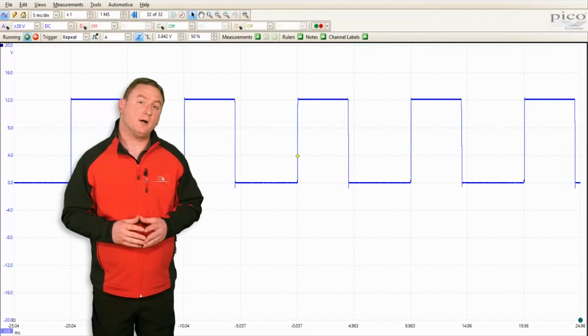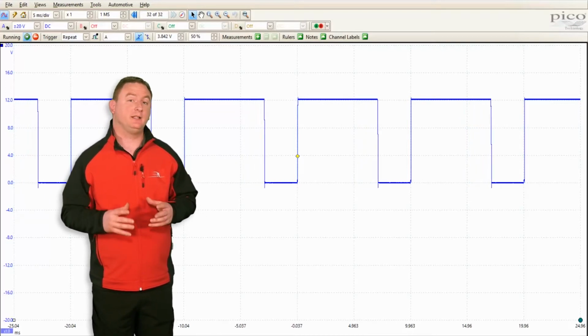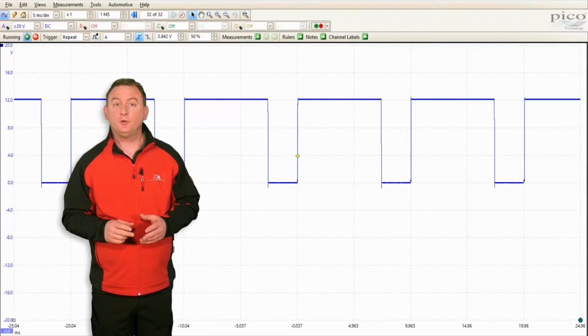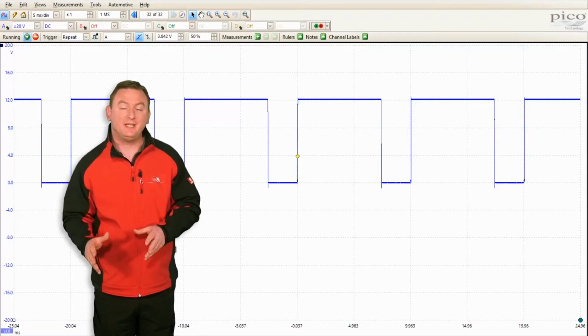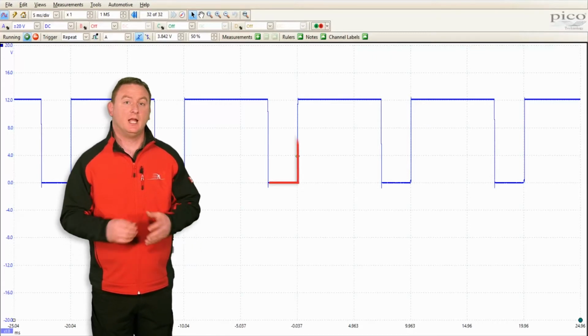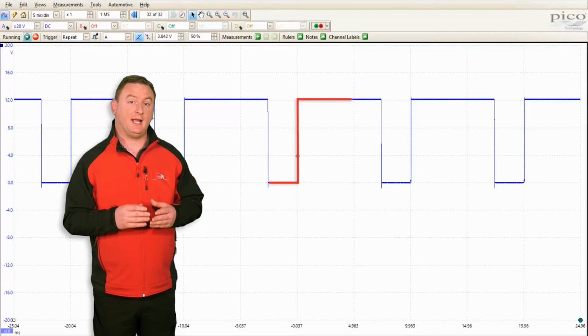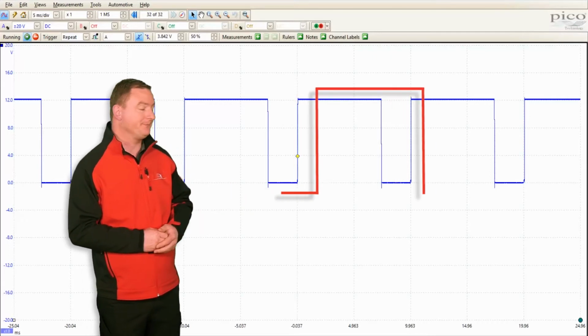So to work out the PWM duty factor, we need to look at one complete cycle. And this would be a point anywhere on the pattern where the pattern starts to repeat itself again. I tend to make my life easy and choose the bottom edge and the same point as where it's going to be repeated as shown here.